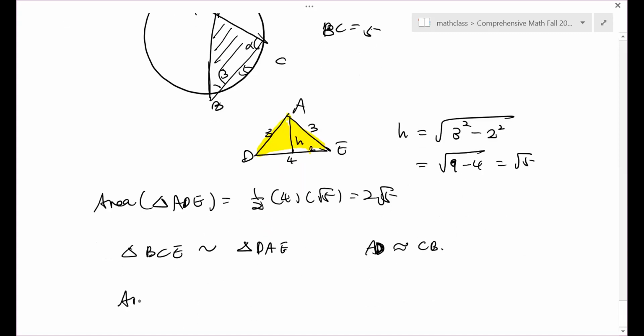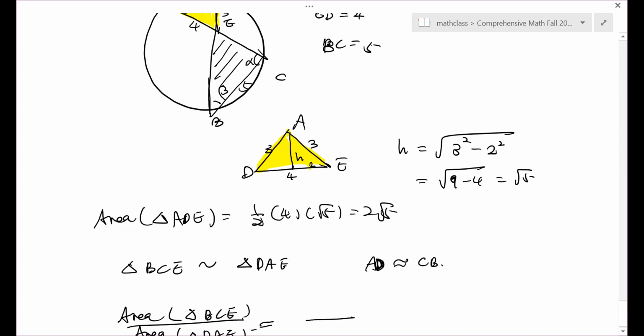So the comparison of the area of BCE over the area of triangle DAE is going to be the ratio of the sides squared.